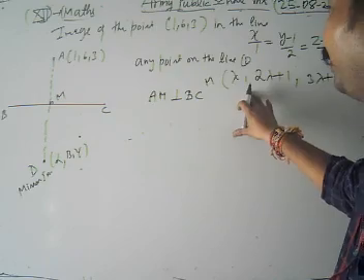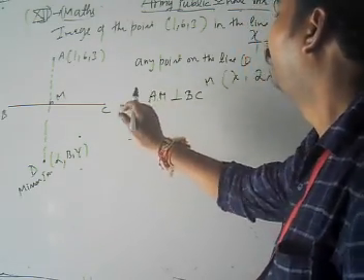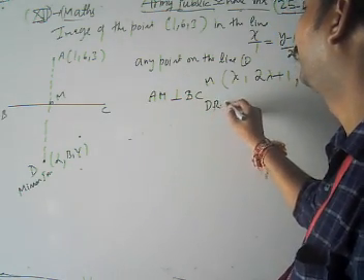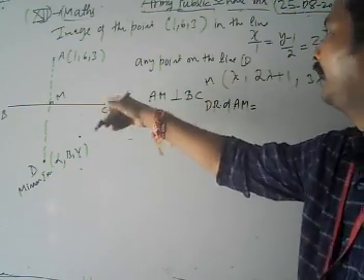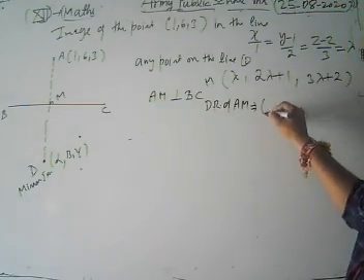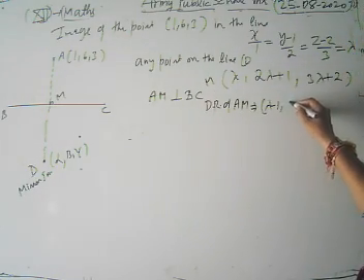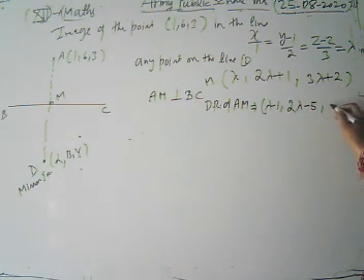Now first of all we have to find the direction ratios of AM. The direction ratios of AM are lambda minus 1, 2 lambda plus 1 minus 6, which is 2 lambda minus 5, and 3 lambda plus 2 minus 3, which is 3 lambda minus 1.